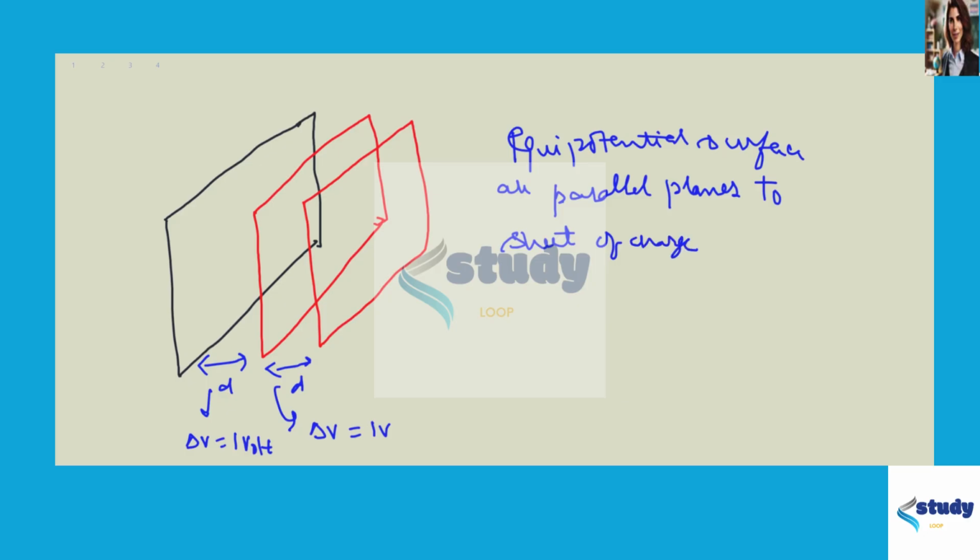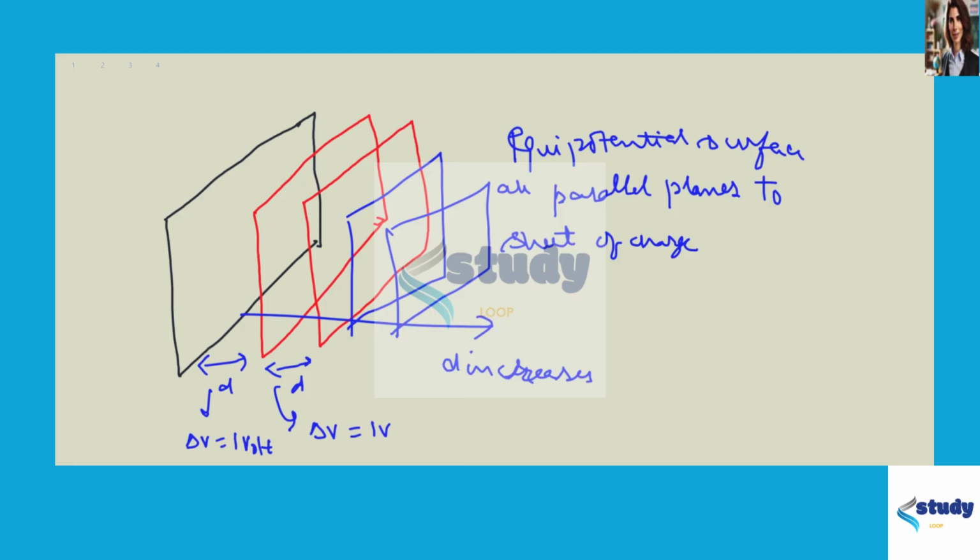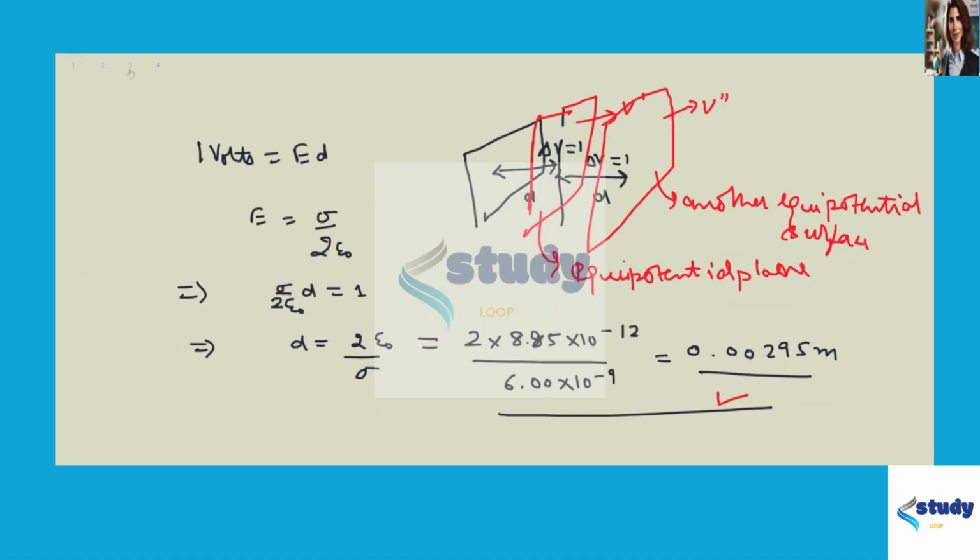So a similar kind of planes you should have here if you want to draw more equipotential planes. And as the d increases. All right. So we have done everything the question asks.